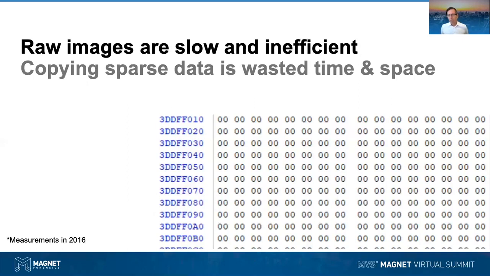Now, moving on to raw images, where they're really slow and inefficient is when you're dealing with sparse data. What I'm talking about there is large multi-terabyte spinning disks that have significant amounts of empty space that are generally just full of all zeros. The key point here is that when you're making a raw image of a device that's got lots of sparse, you're spending a lot of time reading zeros, passing those through a hashing algorithm, and then copying those zeros out.